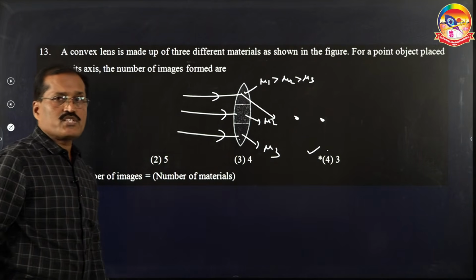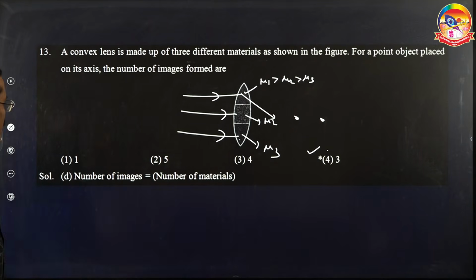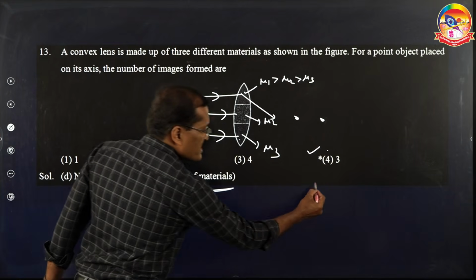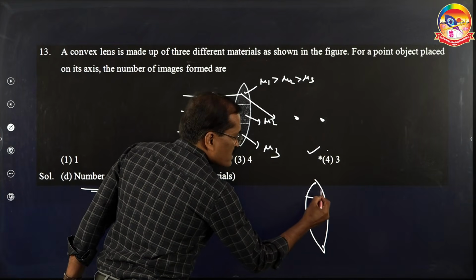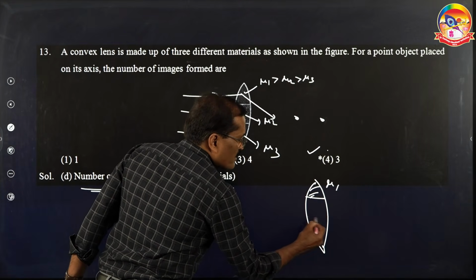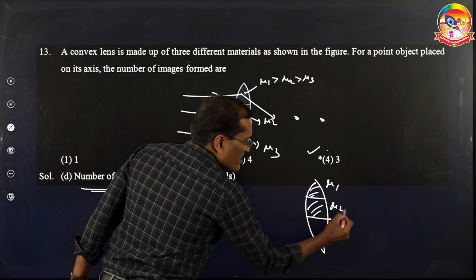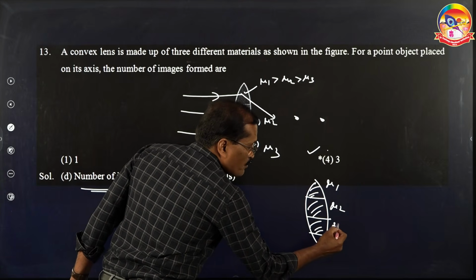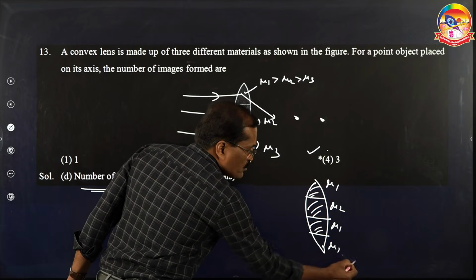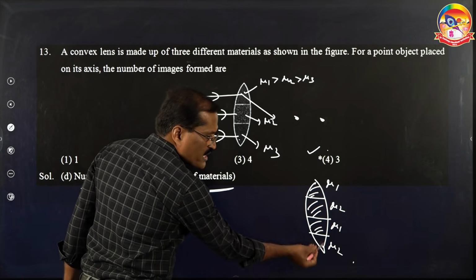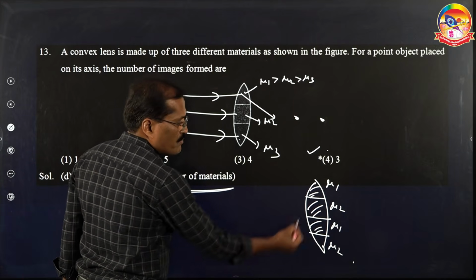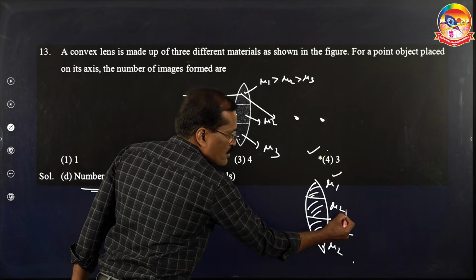Every medium will form its own image. This is a point you can remember: the number of images is equal to the number of materials only. Even if the lens is kept like this, this is one material of mu1, this is a material of mu2, and this is mu1 again, this is mu2 again. Here there are 2 materials only, do not think we have 4 materials, because this is mu1, this is mu1, this is mu2 and mu2.